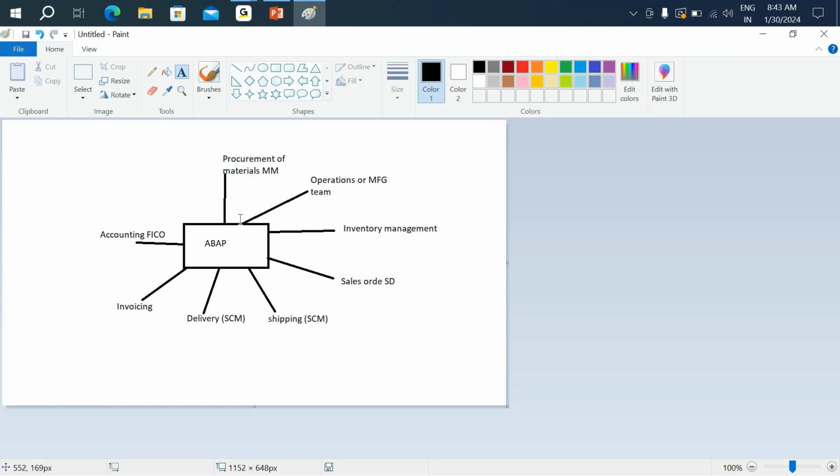For example, the materials person wants to see how many materials I bought in the last quarter from a particular supplier, right? Take a chocolate factory. If you are purchasing sugar from Tata Sugar, let's say you have multiple vendors. I'm purchasing from Tata Sugar, and I'm purchasing from two other vendors also. Now you want to see only how many kilos of sugar I purchased from Tata, right?